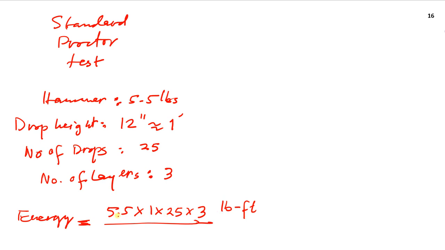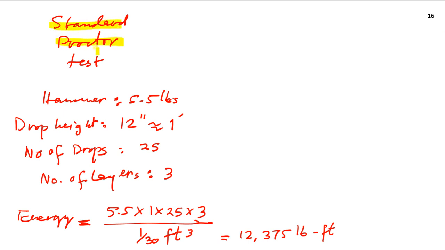When this is dropped 75 times, this is going to be the energy, and we have to divide it by the total volume. The volume is 1/30 cubic foot. When we simplify this, it should come as 12,375 pound-foot per cubic foot. So this is the energy that we transfer when we are using the standard Proctor test.